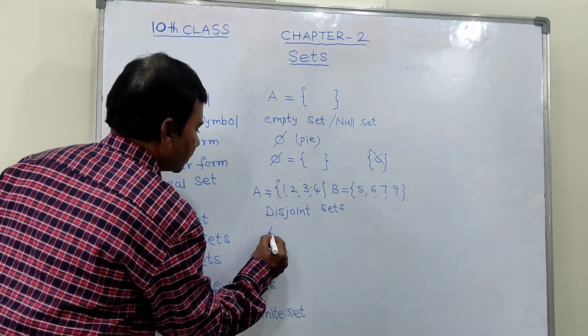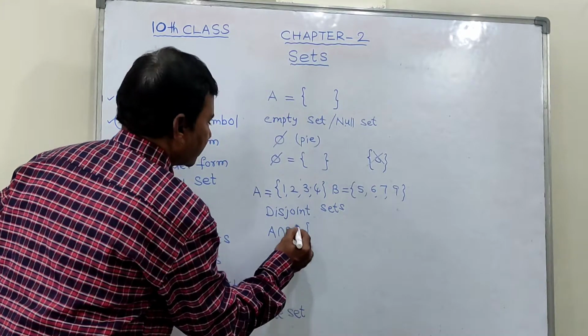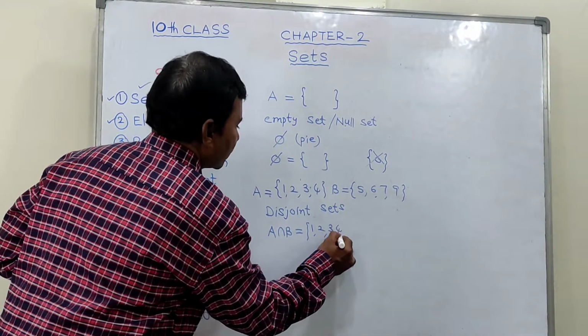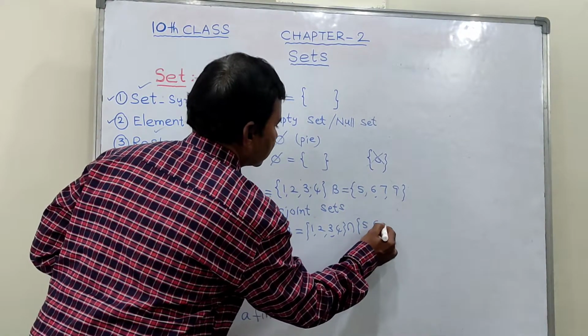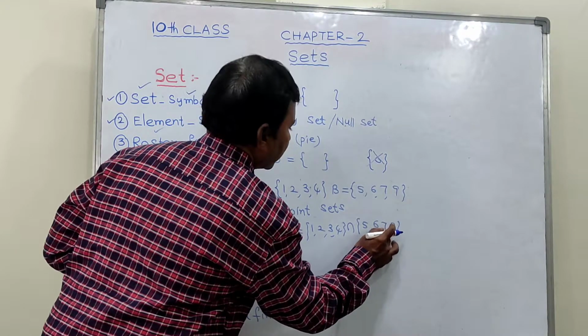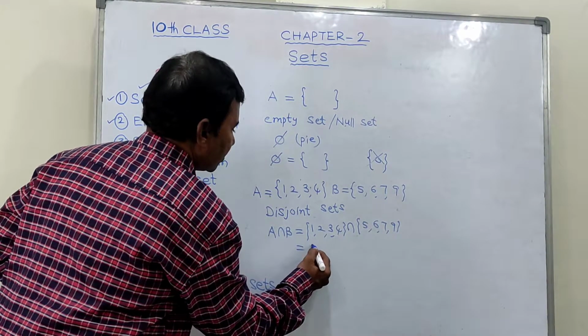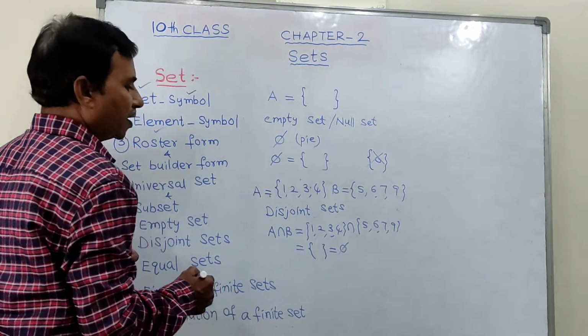Disjoint sets means A intersection B. A intersection B means, suppose A is equals to 1 2 3 4, we have assumed B is equals to 5 6 7 9. Intersection means same elements. Are there any same elements? No, empty. So, we are getting phi.